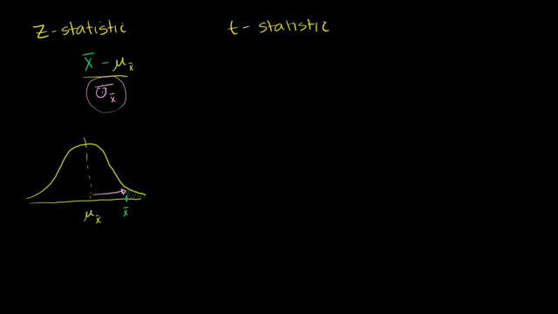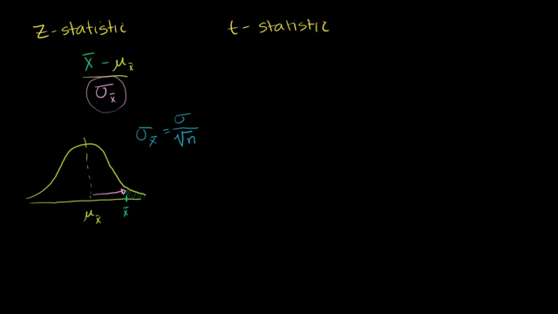And the central limit theorem told us that assuming that we have a sufficient sample size, this thing right here is going to be the same thing as the standard deviation of our population divided by the square root of our sample size.